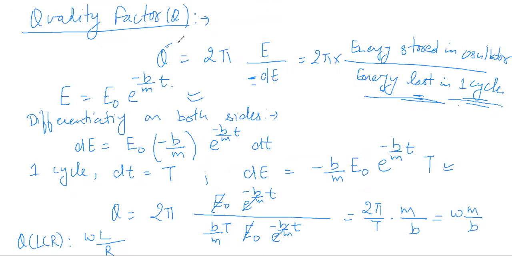So if someone says that you have two systems, for one system your quality factor is 2 and for the second system your quality factor is 20, then from there you can say that in this system my dissipative forces are large and in this system my dissipative forces are going to be smaller. So that is the physical interpretation of quality factor.